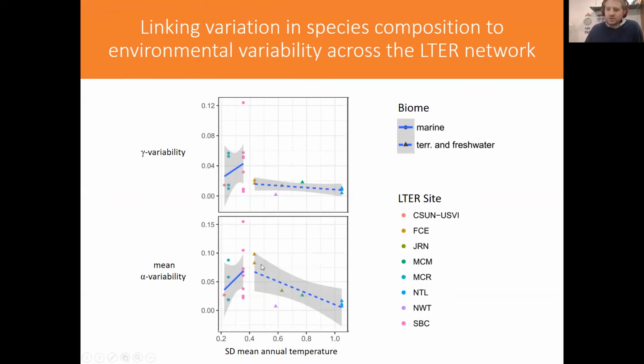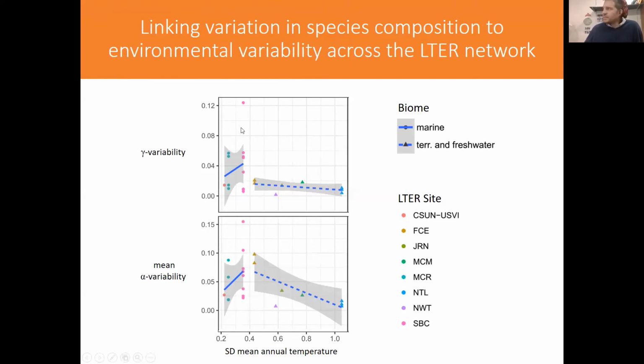Of course, there are a whole bunch of different ways to slice this up. We could look at functional guilds, we could look at biomes. That's one of the objectives for our coming working group meeting, how we'll approach this meta-analysis. For the time being, I'm plotting in this figure marine sites versus terrestrial, terrestrial meaning terrestrial and freshwater.